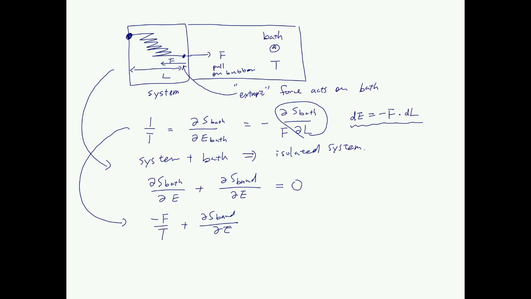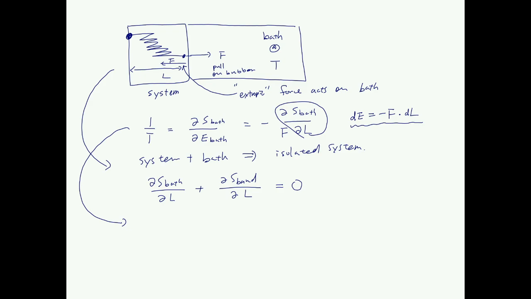This is partial L. So if I change the rubber band's total length, then the bath will have a certain entropy change, and the rubber band also has a certain entropy change.